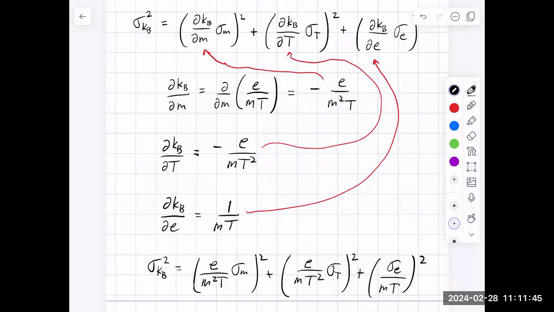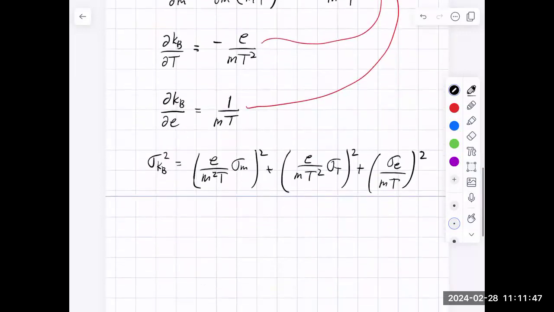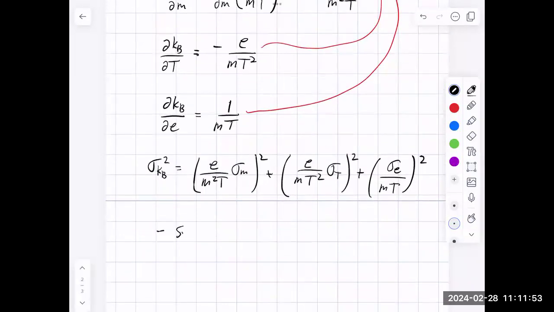Yeah, that's right. Okay, so I want to make a couple comments about this. First, we can just sub in our known, measured values to find the uncertainty in Boltzmann's constant, and that's it.